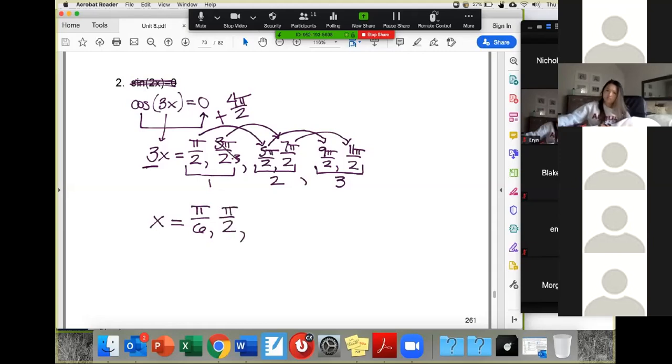The next one is 5 pi over 6. The next one is 7 pi over 6. The next one, the 3 and the 9 will reduce, so 3 pi over 2. And the last one will be 11 pi over 6. Mental check, are all of those between 0 and 2 pi? Yes, they are.